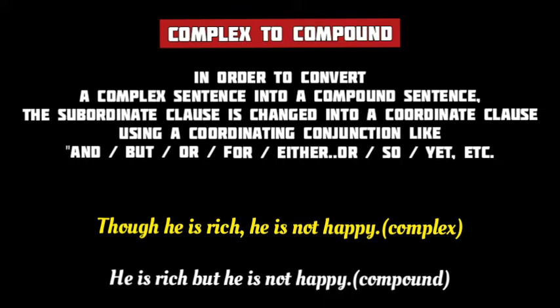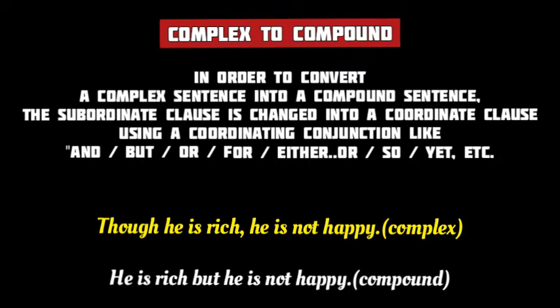So how to convert a complex sentence into a compound sentence? You see, at first the subordinate clause of the complex sentence is changed into a coordinate clause using an appropriate coordinating conjunction like and, but, or, for, either or, not only but also, so, yet, etc. For example, though he is rich, he is not happy is a complex sentence in which though he is rich is the subordinate clause.